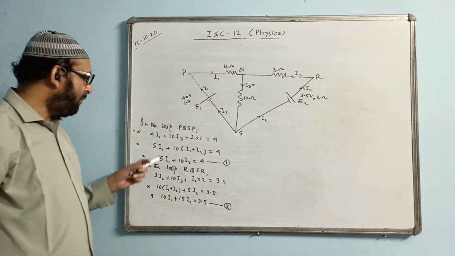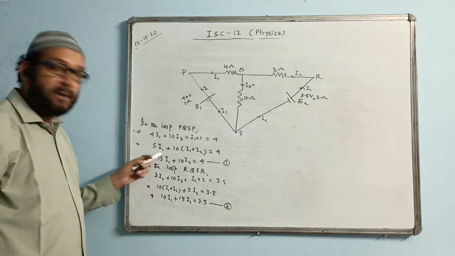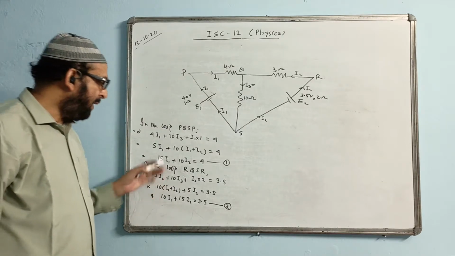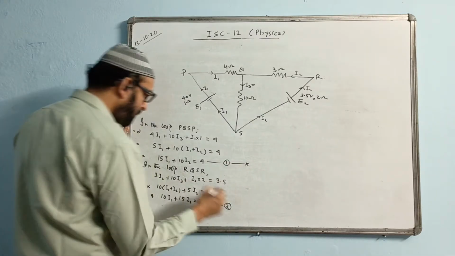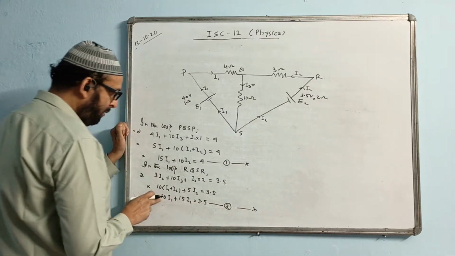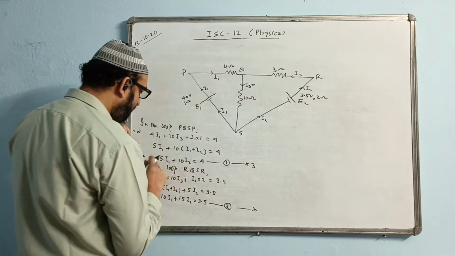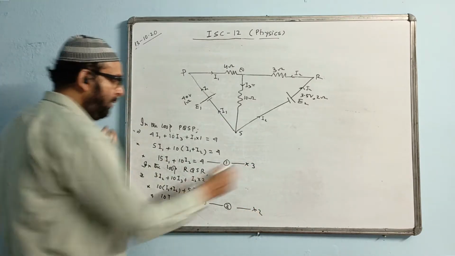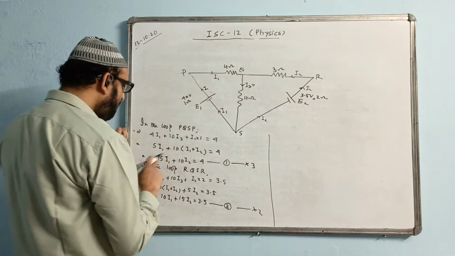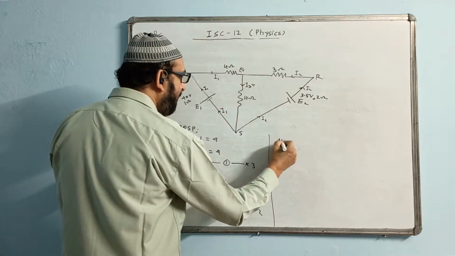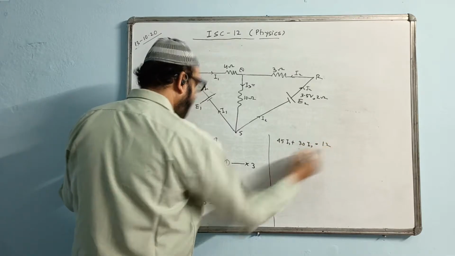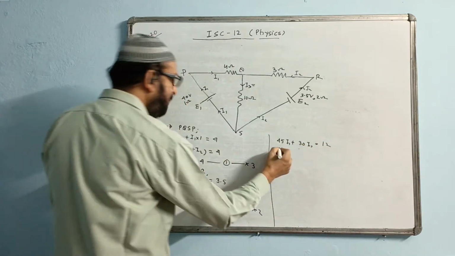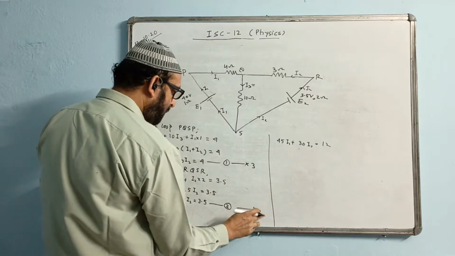Now we are solving the two equations simultaneously and finding the value of I1 and I2. How to find? Let us multiply by a common number. Sorry, I made a mistake.